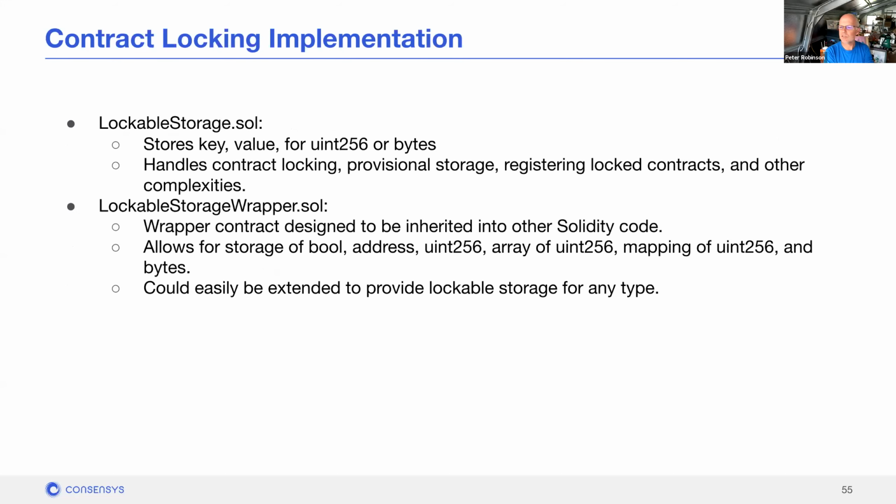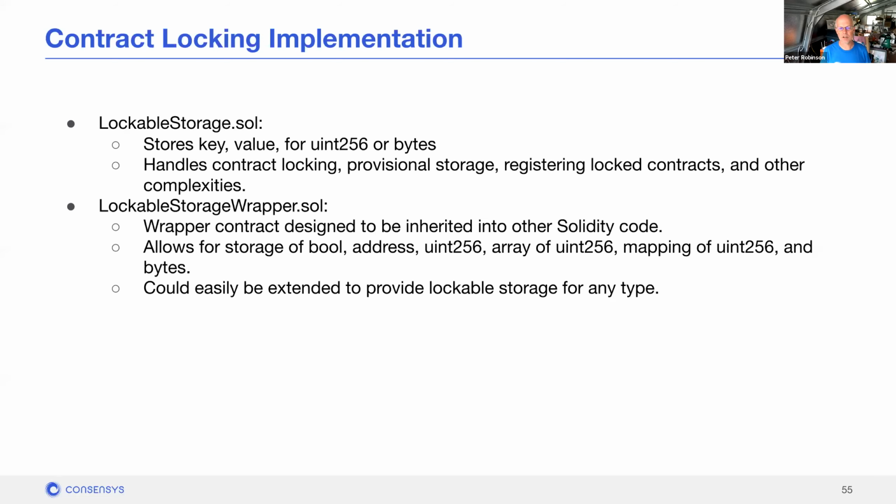So in the implementation, there are two separate contracts. One, lockable storage, is supposed to be deployed, and it has essentially key value pairs, and you can use it to store uint256s or bytes. And it handles all the complexities of locking and provisional storage and registering which contracts got locked and other complexities.